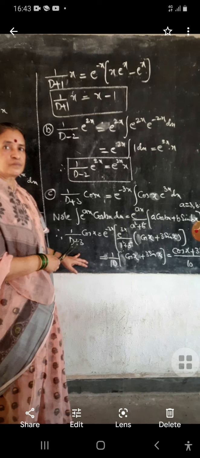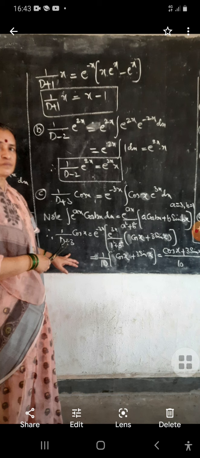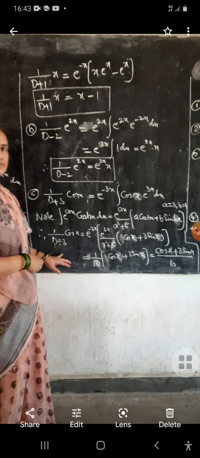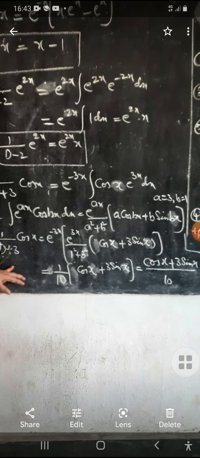e power minus 3x into integral cos x into e power 3x dx. So integral e power ax into cos bx dx is equal to e power ax by (a square plus b square) times (a cos bx plus b sin bx). Therefore 1 by D plus 3 operating on cos x is equal to e power minus 3x as it is.